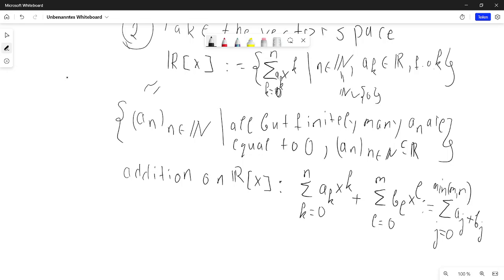So for example, if m would be the minimum, then n would be larger than m, and then this sum would have more terms than this sum, right? Or the other way around, in the case when n is smaller than m. And here, obviously, this is the distributive law where we consider x like a variable, x^j, and here plus, and here the remaining terms come, that would be the maximum. You can always compare numbers, right?